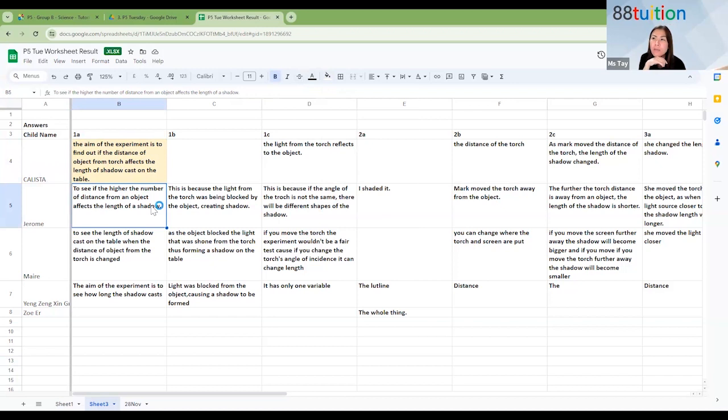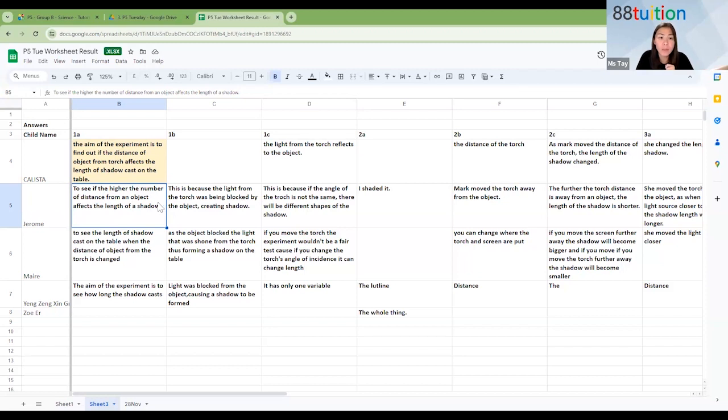The way you're phrasing it, to see if the greater the distance, makes it very difficult to mark this piece of work. Because you don't just talk about higher or greater distance. It can be even smaller, shorter distances. Am I right, Jerome?